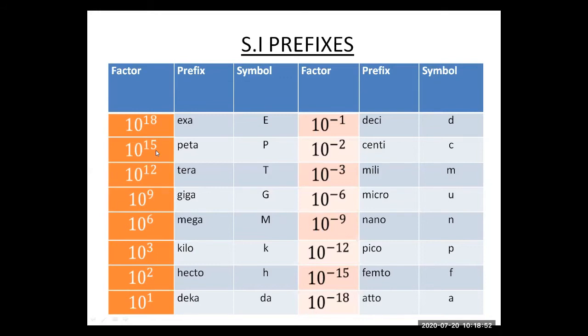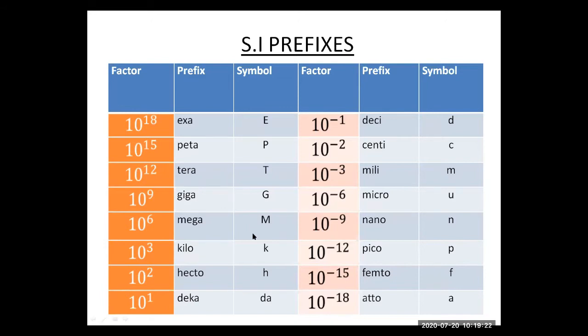The reciprocal of peta is femto, represented by small f, with power 10 raised to the power minus 15. The next one is tera, 10 raised to the power 12, and its opposite is pico, represented by small p, with value 10 raised to the power minus 12.